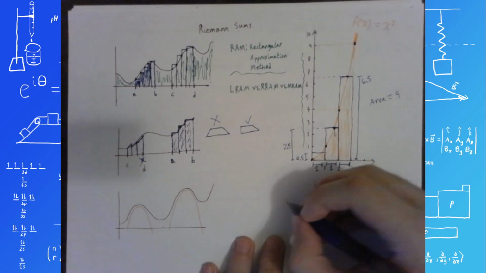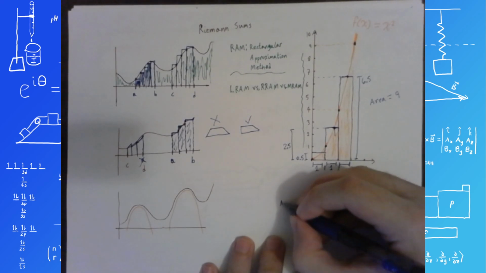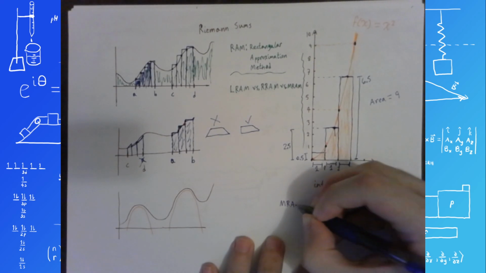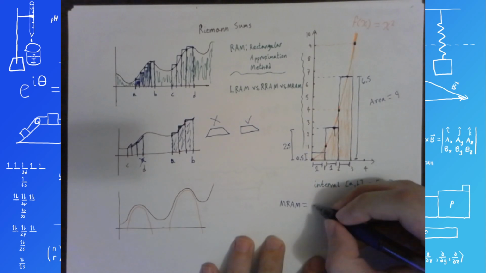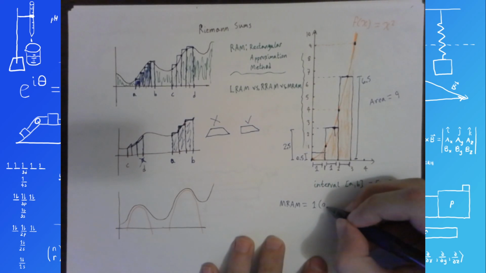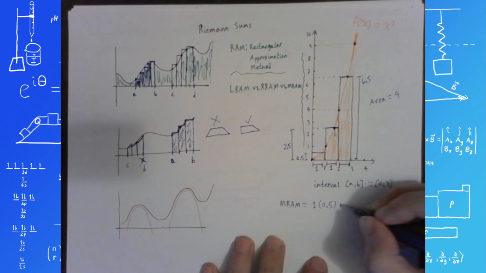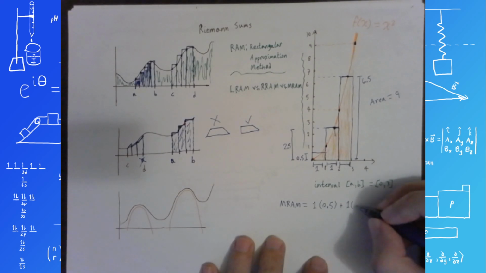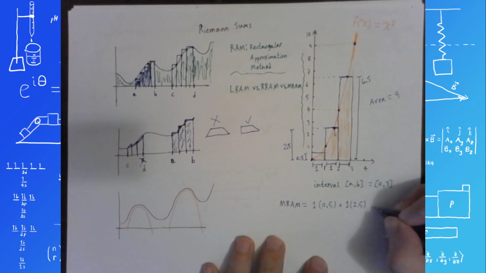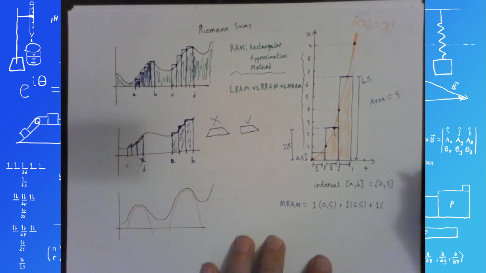So total area, this is my midpoint rectangular approximation, is equal to width times height, so 1 times 0.5 plus 1 times 2.5 plus 1 times 6.5.